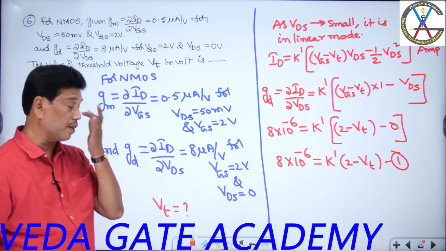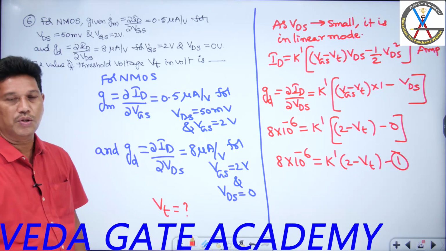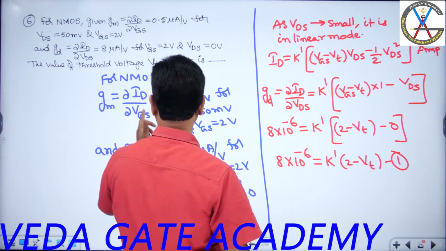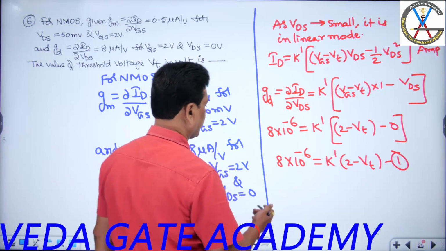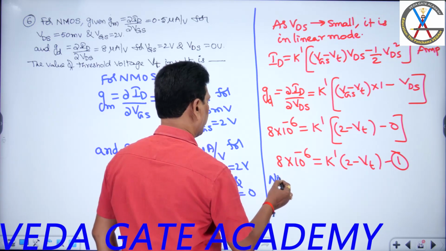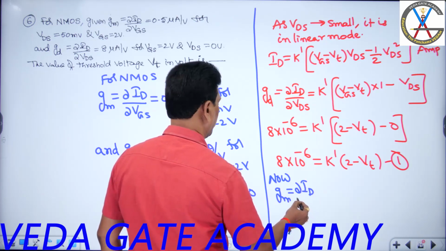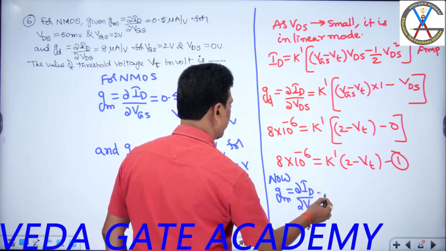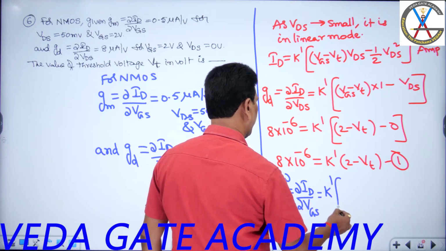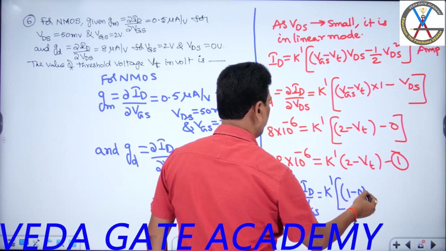If I know K dash, then automatically I can get the required threshold voltage. For that I can use one more equation, the first one, GM. GM equals ∂ID/∂VGS. This is the transconductance, whereas earlier it was the drain conductance. That equals K dash into, with respect to VGS, VDS is constant, so this is 1 and the VT differentiation is 0.